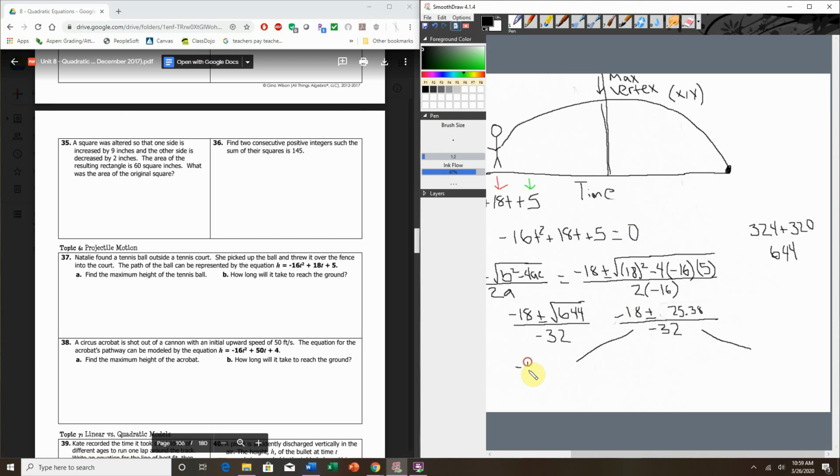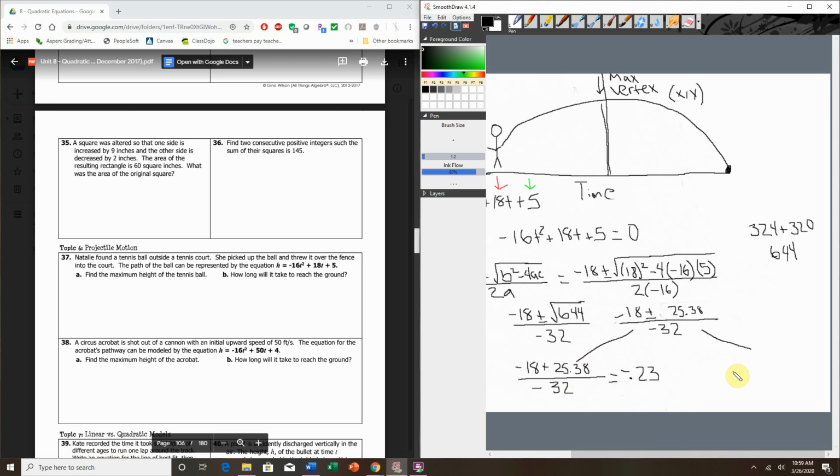So we're going to have negative 18 plus 25.38 over negative 32. Okay, and if we put this in our calculator, this will simplify to negative 0.23.